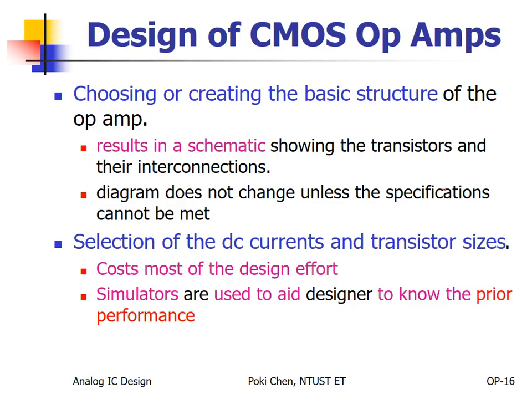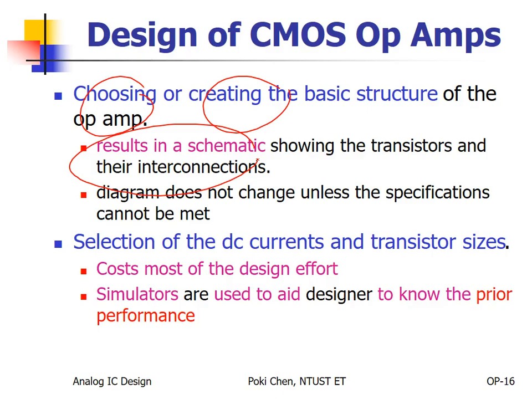So how to design a CMOS op amp? Usually from the very beginning, you can choose an existing one. Choose one among all of them. Or you can create your own. You have two choices. After, never mind, you choose one or you create one, the result is a new schematic.